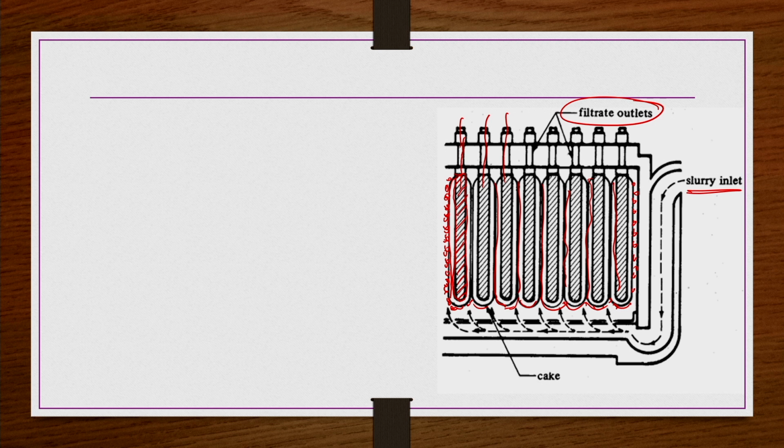So, whatever solids are deposited on the surface will be dislodged and go away, and can be removed from the filter medium surface or filter cloth surface, so that the filter cloth is readily available for the next separation. Because of this, the washing is much easier compared to the washing in plate and frame filters.